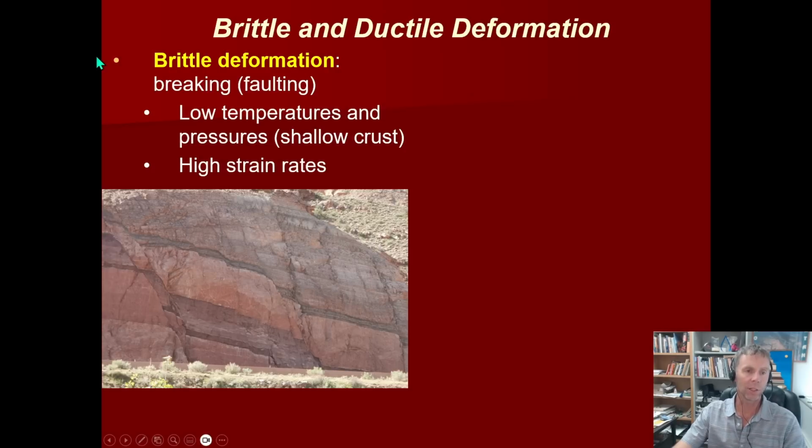So we have brittle deformation that occurs when we have fairly low temperatures and pressure, so shallower regions of the Earth's crust, nearer to the surface. Or we have high strain rates. Think again to that first silly putty demonstration where I pulled the silly putty very quickly and violently and it snapped and broke. That's an example of brittle deformation.